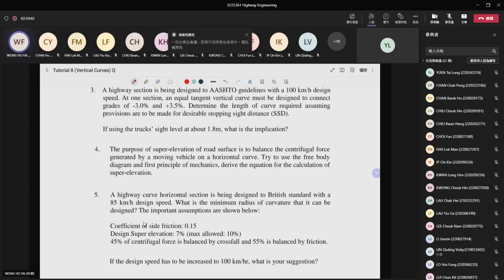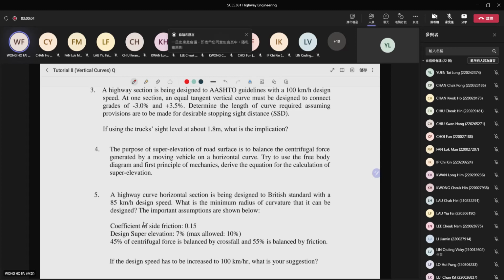And then the fourth one: the purpose of the superelevation of the road surface is to balance the centrifugal force generated by a moving vehicle on a horizontal curve. Try to use the free body diagram and the first principle to derive the equation for calculation of superelevation.